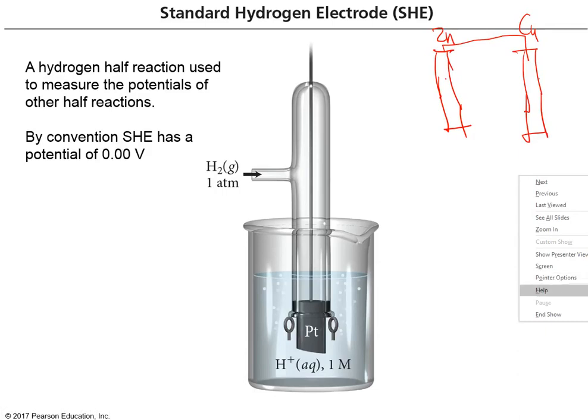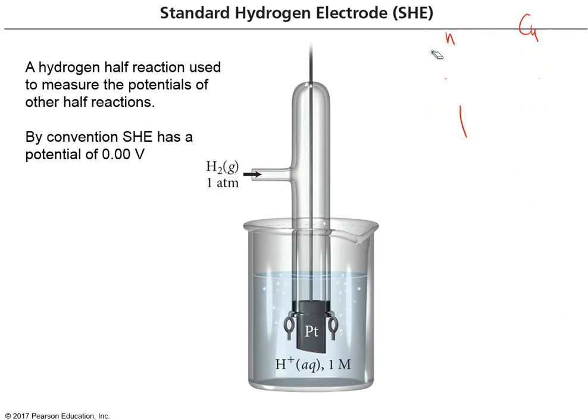So to help with that, we came up with a standard electrode, so that we can connect it to other electrodes to measure the potential of those other electrodes. And if you are having a standard electrode, you need to give it a value. So in this case, we have a standard electrode that we call SHE, standard hydrogen electrode.